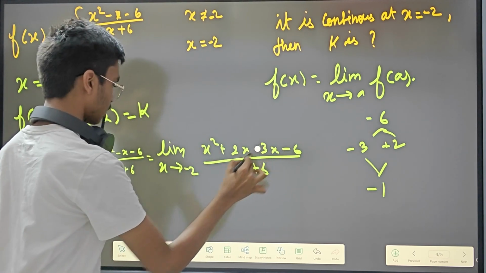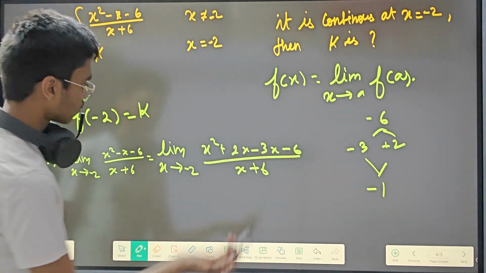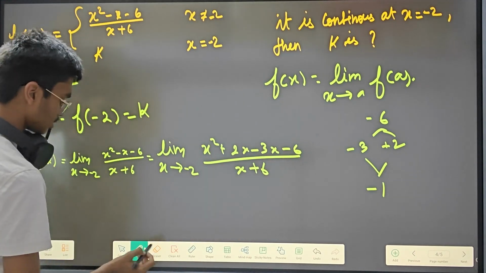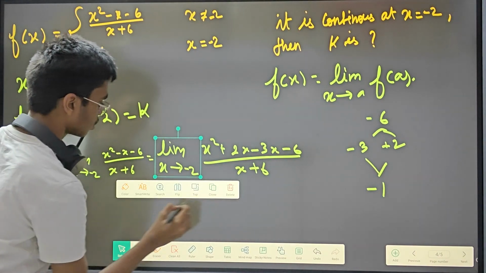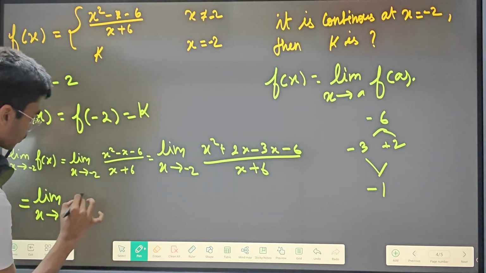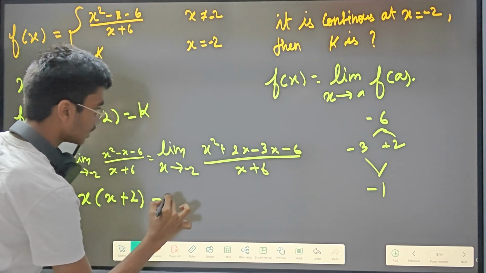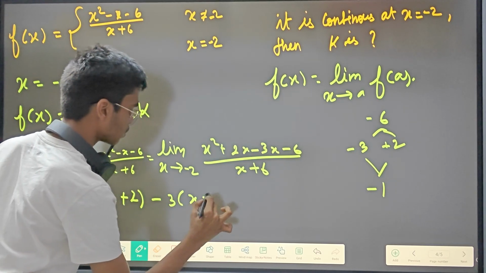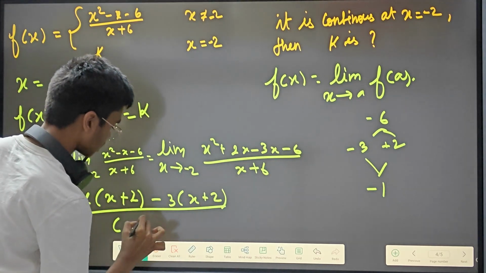Now it's all correct. Now just factorize them. While factorizing, which is equal to x, you can take common now. So x plus 2 minus 3, whole divided by x plus 2.